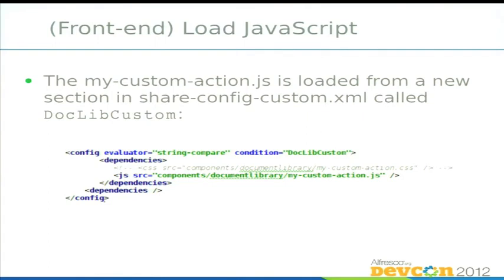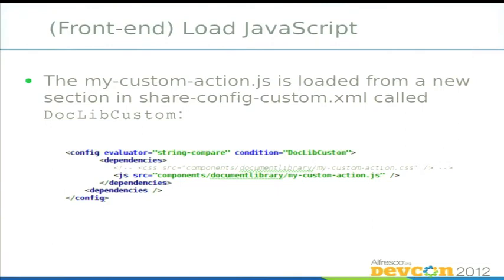How do I get this new JavaScript file loaded? So previously, you had to override web scripts, and then in the .head.webscript, you had to load them there. Now it's much easier. There is a section you can use in share config custom, DocLib custom.